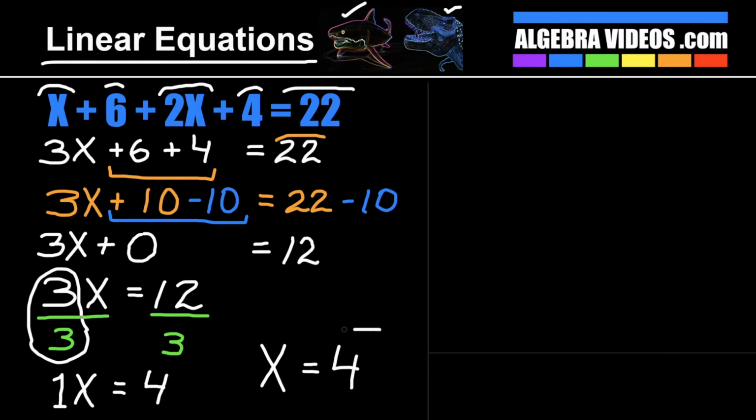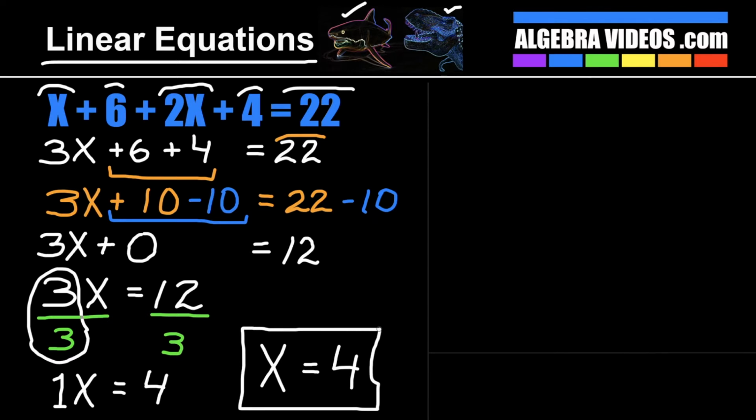And I'm going to draw a rectangle around that just to show that that's our final solution, x equals 4. And we can stop here. We don't need to go any further. This is all you have to do in this math problem. But as students, we would like to know if we did things right or if we made a mistake, right? So we want to make an A. We want to make sure that this is the right answer.